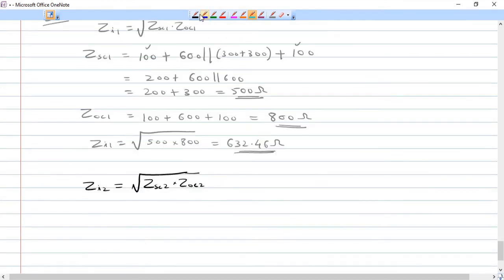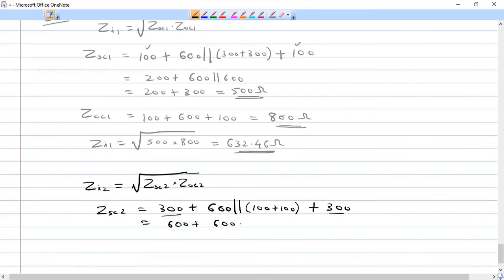So we can write ZSE2 is equal to 300 plus 600 parallel with the 100 ohms in series, plus the remaining 300. So I add these 300s, and I get 600 plus 600 in parallel with 200.